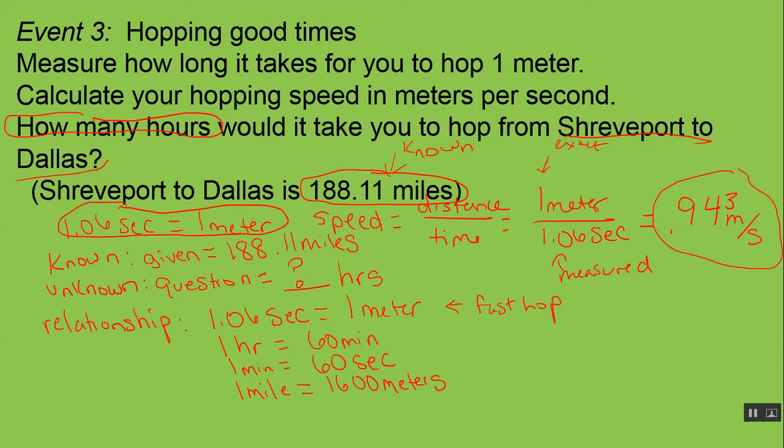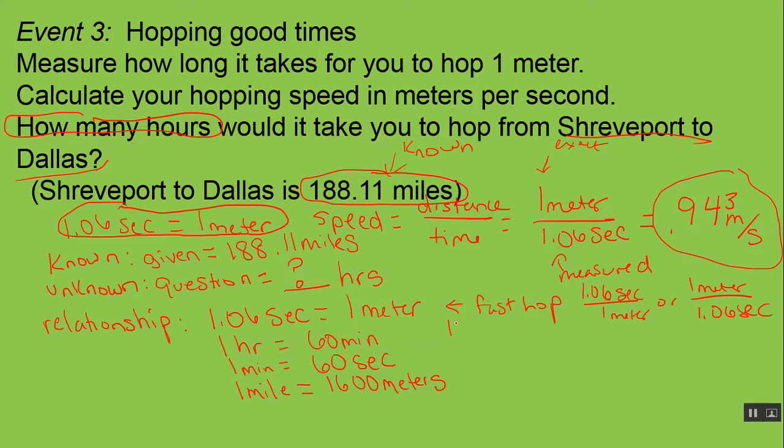Alright, so we've got all of our relationships, so let's just get started on using them as conversions. Now, I can go ahead and write them out as conversions for you, so you think about your relationships. You've got 1.06 seconds over 1 meter, or 1 meter over 1.06 seconds.